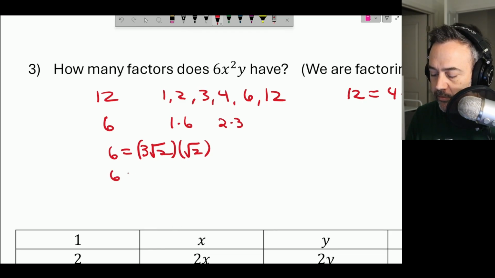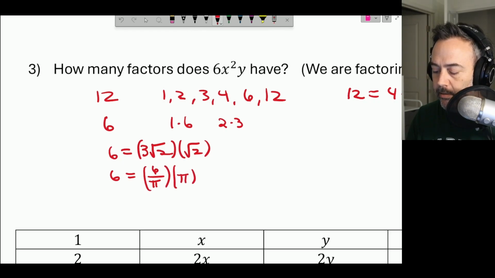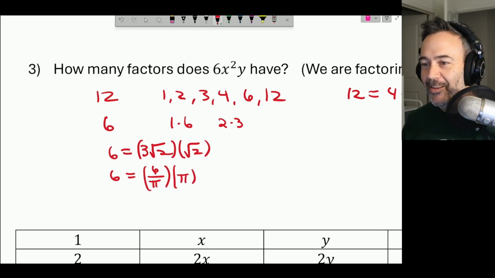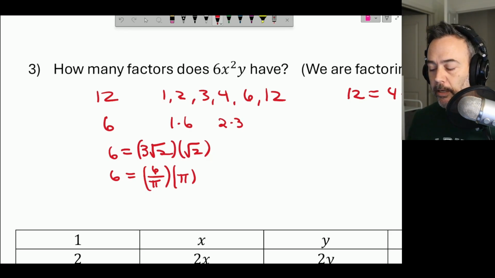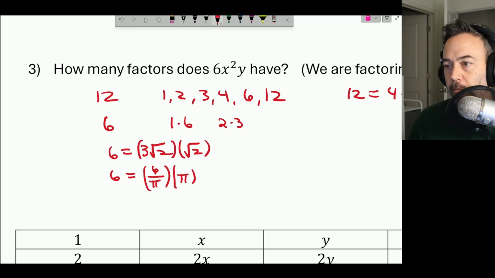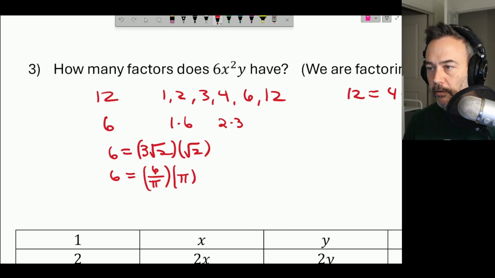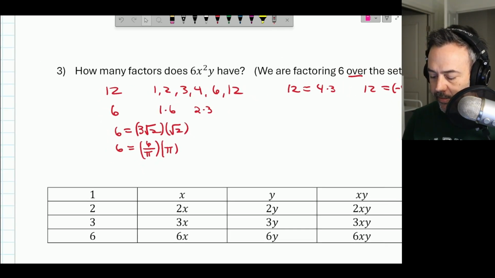I could factor 6 as 6 over pi times pi. I'm not going to really need to do that much, but it's true that 6 over pi times pi is 6. But this is factoring with any real number. But in this chapter, we're factoring over the integers. So that's why it limits our factors.